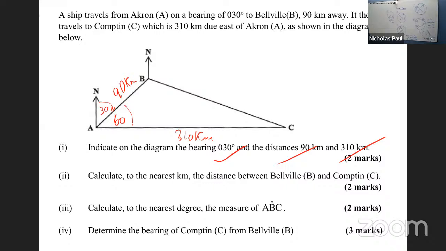Finish? Let me see where you are. Below the C, it should come. We see how far it is. 276, right?